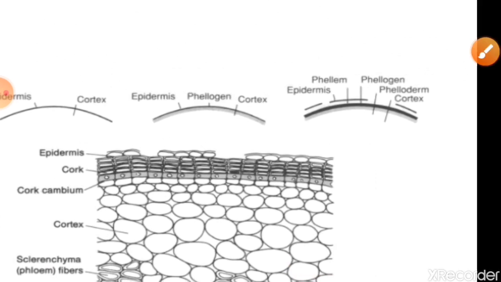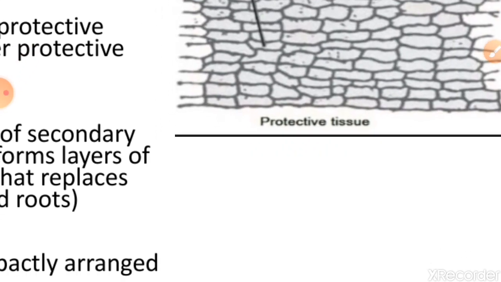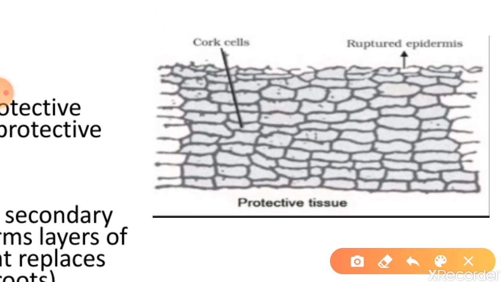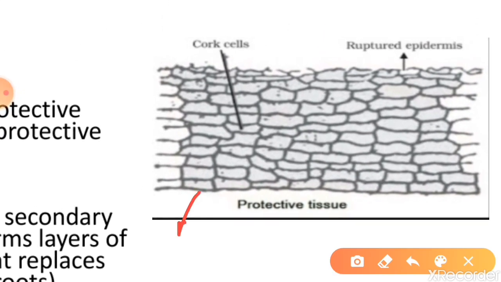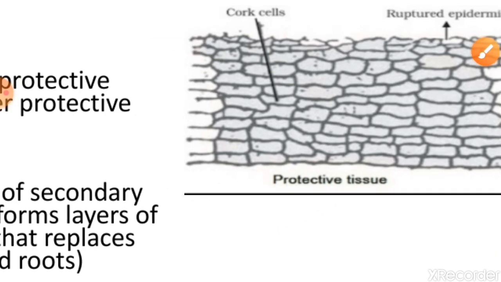Now coming to the features of cork. The cells of the cork are compactly packed with no intercellular spaces. There is no intercellular space present between the cells.